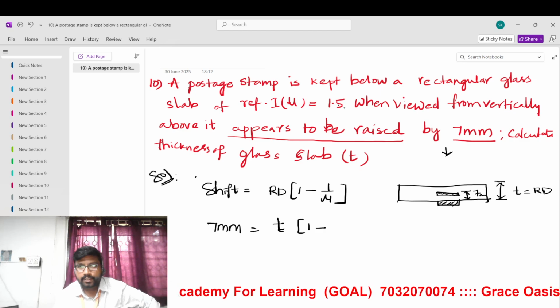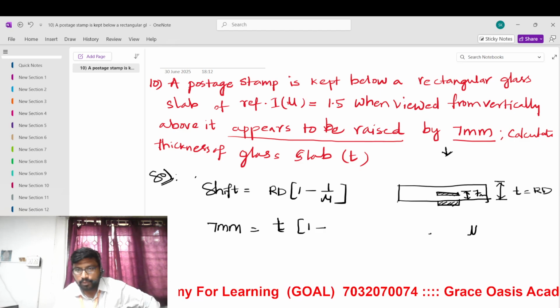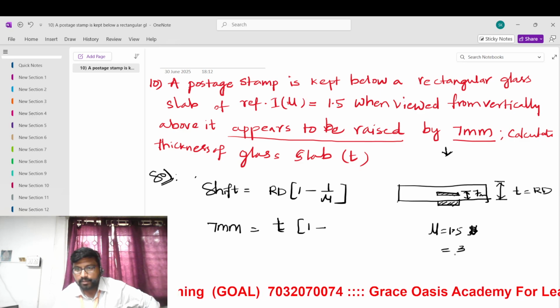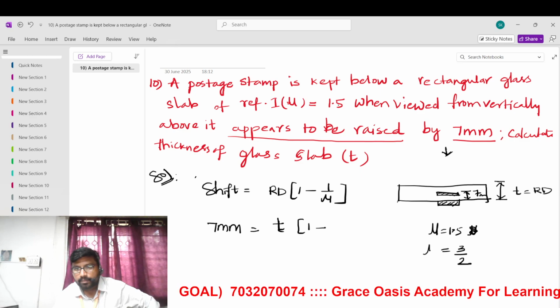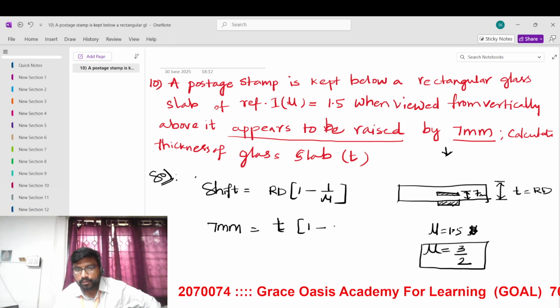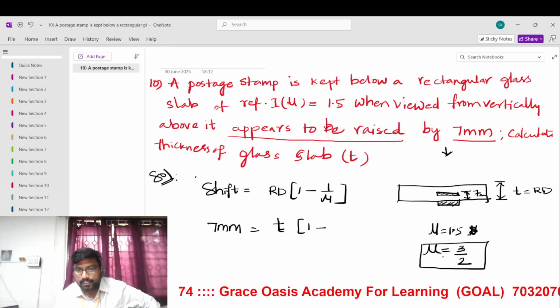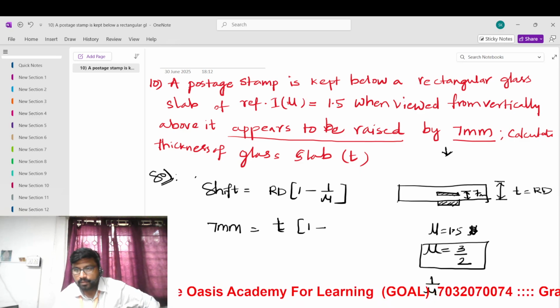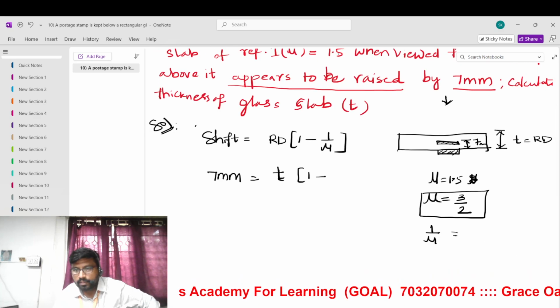Mu is 1.5, which we can write as 3 by 2. So 1 by mu becomes 2 by 3.